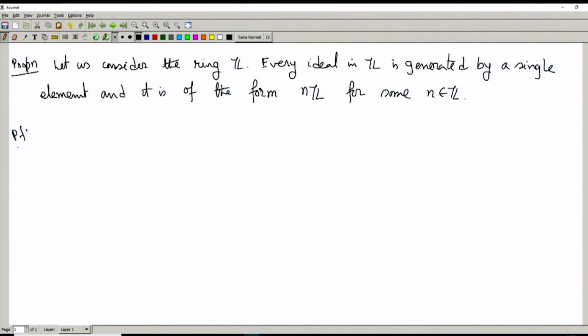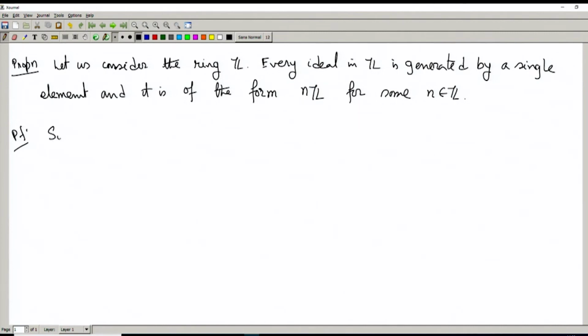If you look into the proof, we know from the definition of an ideal that an ideal has to be a subgroup with respect to addition, and from group theory you already know that the subgroups of Z are of the form nZ. Therefore, if it has to be an ideal, it has to be of the form nZ.